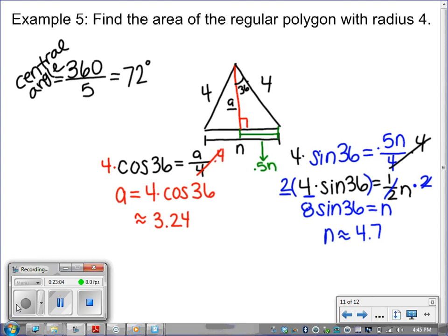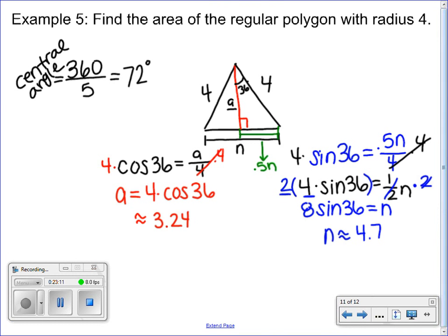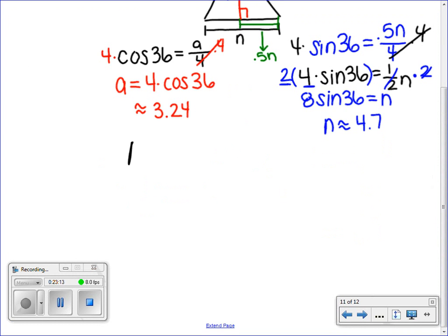Now that I have these 2 pieces of information, I'm going to go ahead and plug them back into my area. That's equal to 1/2 the apothem, 3.24, times the number of sides in a pentagon, 5, times the length of each side, 4.7.